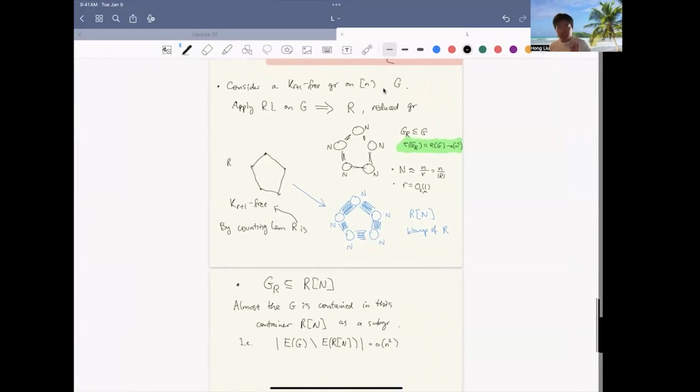Now I can write down the statement, which is what I mean by regularity lemma as a container. So what's the statement? Let's first see what we have done so far.